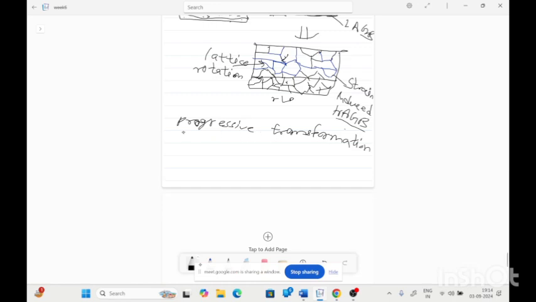Progressive transformation and increase in misorientation results in the recrystallized fine grains.